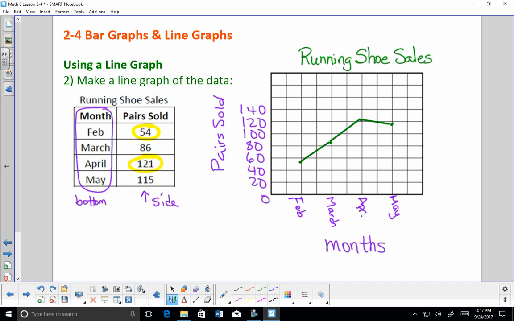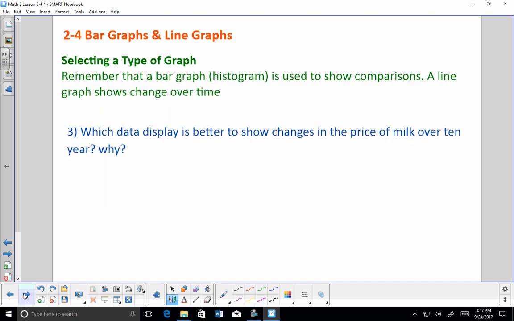All right, so now, remember that a bar graph, otherwise known as a histogram, is used to show comparisons, and a line graph is used to show change over time. So which data display is better to show changes in the price of milk over 10 years? Why? Well, if you think about it, it's changing over time, and things that show change over time is always a line graph.